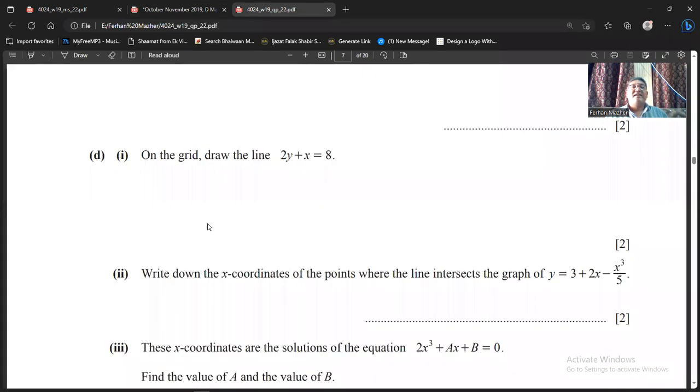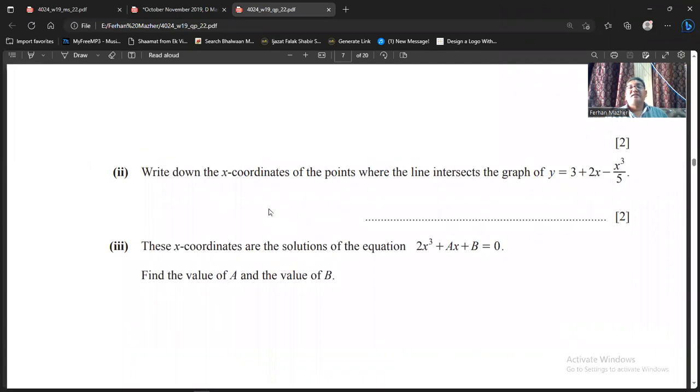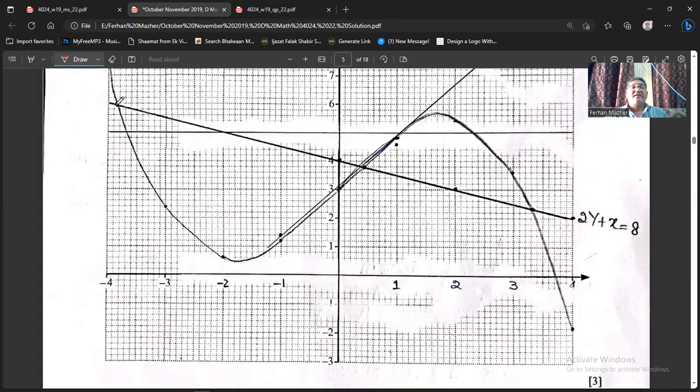Okay, then they say, write down the x coordinates of the points where the line intersects the curve. So where it cuts the curve here, here, and here. Check what is the x value here. This is -3.8. What is the value here? It is 0.4.